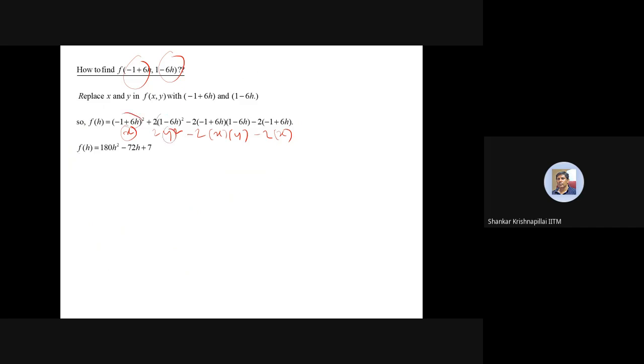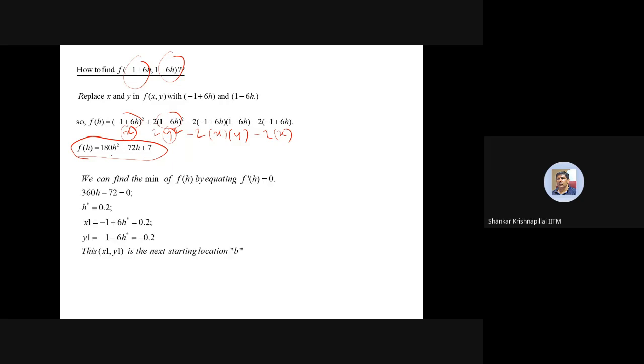Wherever you see y, you put 1 minus 6h squared, etc. So you get f of h. Then you have to find the minima of this. Where the minimum value of h occurs, you can equate the first derivative to 0. That is 360h minus 72 equal to 0. h star is equal to 0.2.